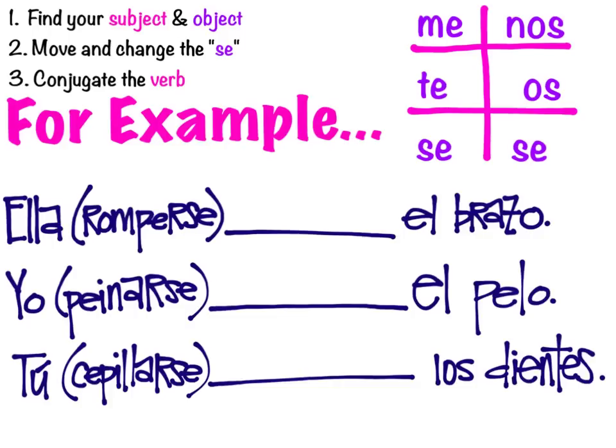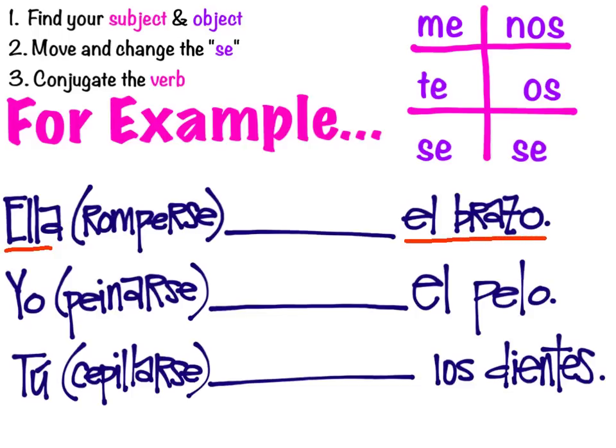So again, let's continue with our first example. First, we're going to find our subject and our object. And in that first example, it is ella. And the object in that first example is el brazo.